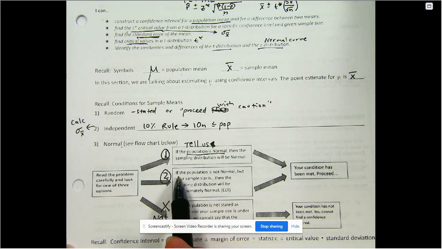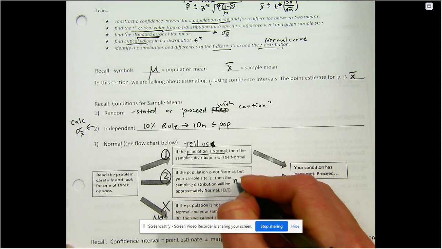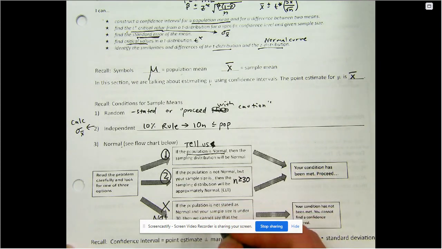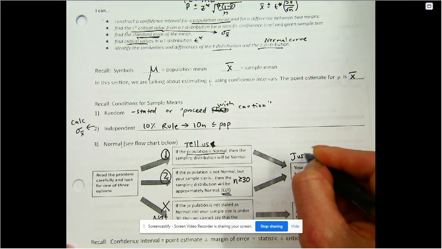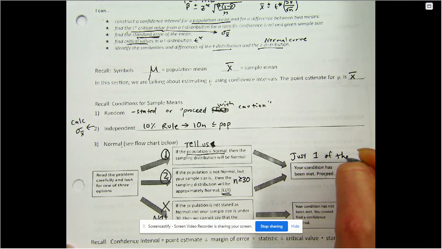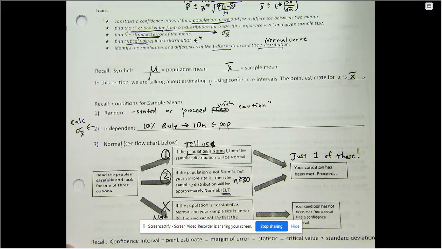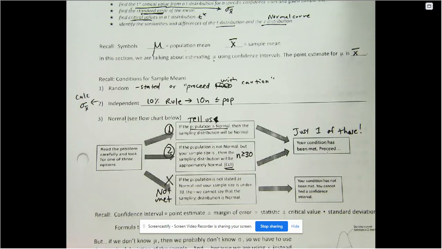Or you can have a sample size large enough. So if your sample size is greater than or equal to 30 by CLT, our condition has been met and we may proceed. We only need one of these, just one. Just one of these two is enough to be able to continue on.